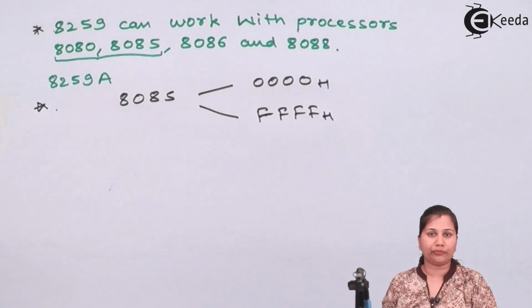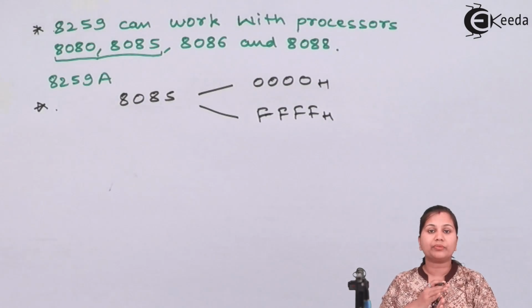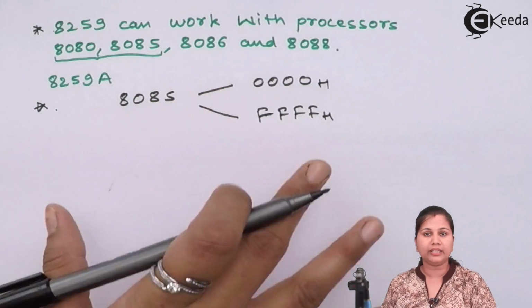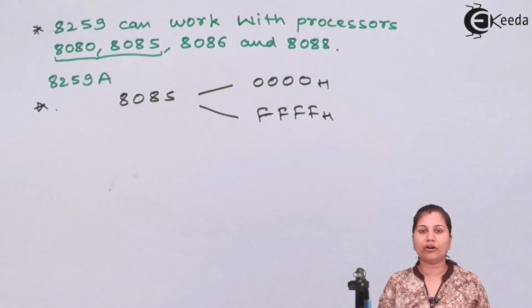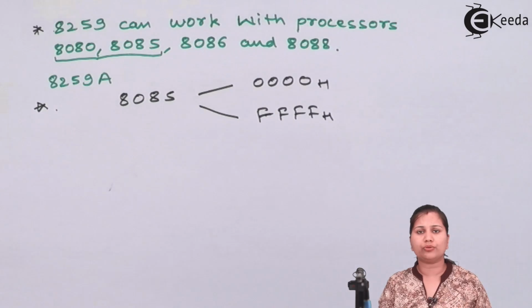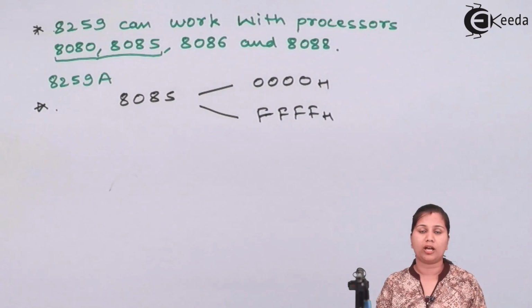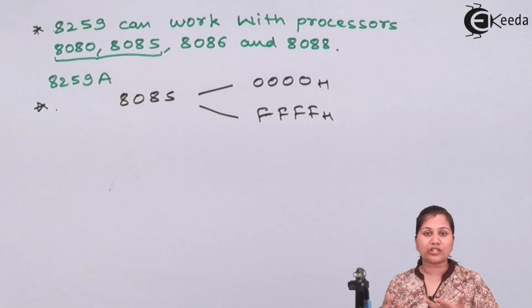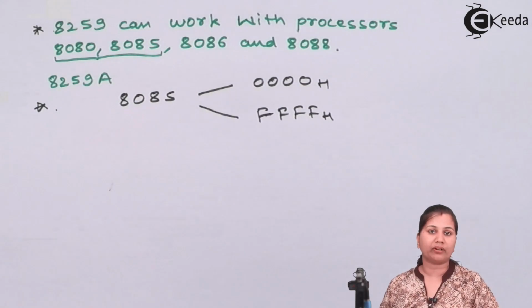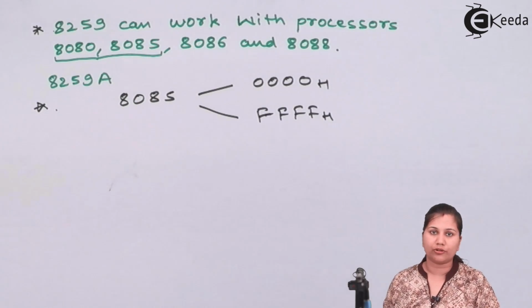Now this 8259 can write the interrupt service routine at any of these memory locations. But for the trap and RST 7.5, the service routines are written on the same page. So that is the speciality of this 8259 programmable interrupt controller.